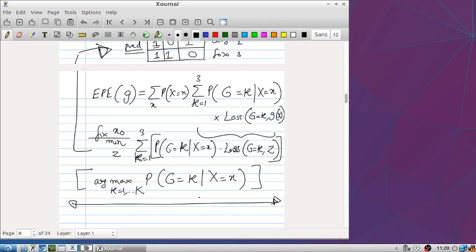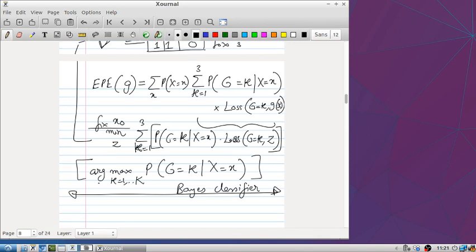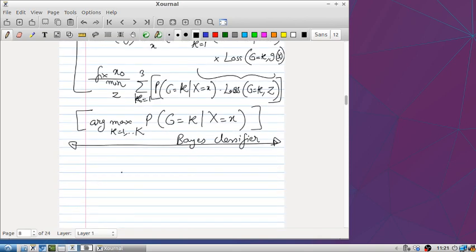This is called, I guess, the Bayes classifier. And in the notes there is a nice diagram of I think a 2-dimensional data set with x2 and x1, and I think one side was orange and the other side was blue colors.